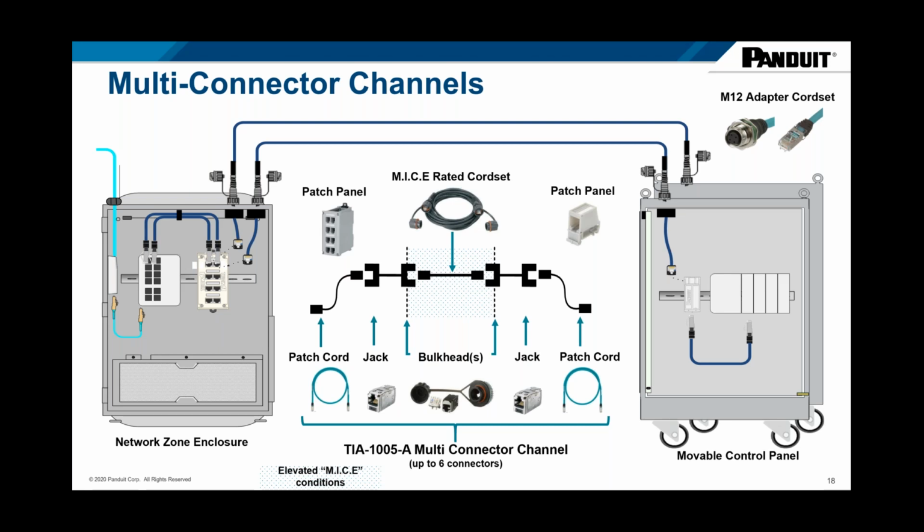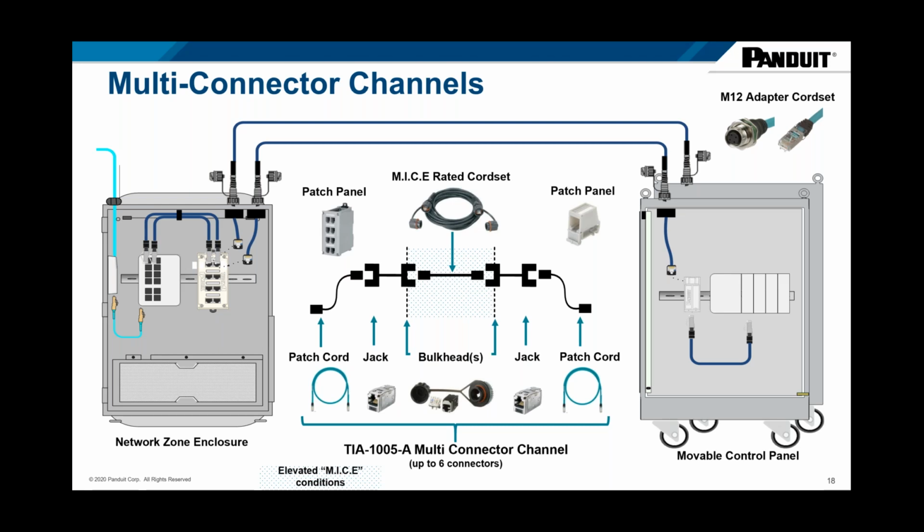There are M12 small form factor solutions available that have that adapter built right into the cord set. So for that movable control panel, you can have that adapter on your enclosure wall and it goes right to that patch cord connection connecting up your PLC. So we're also looking at, how can we simplify the number of components in this system as well.